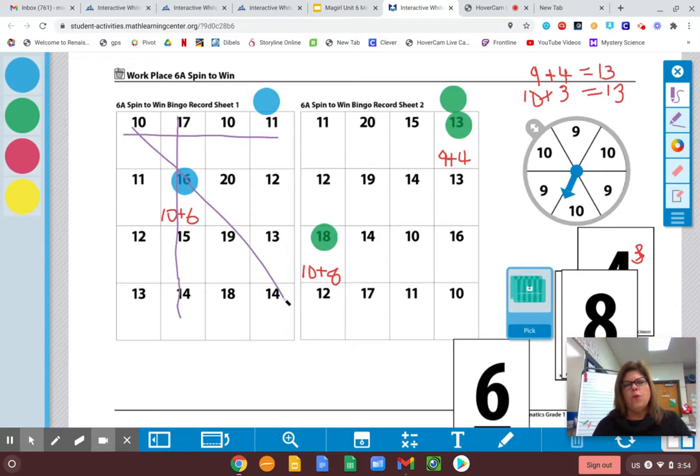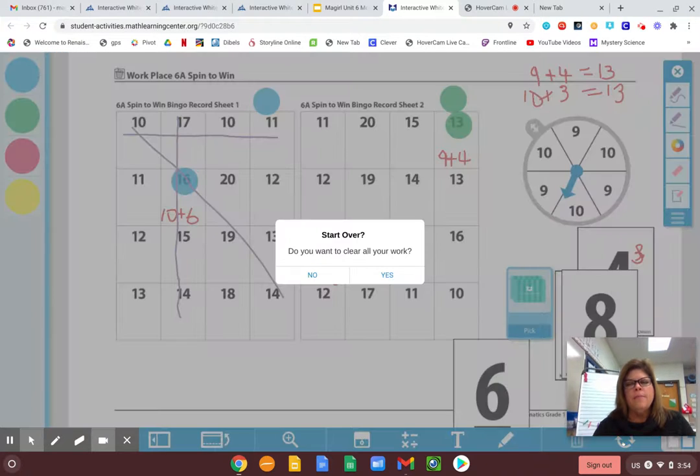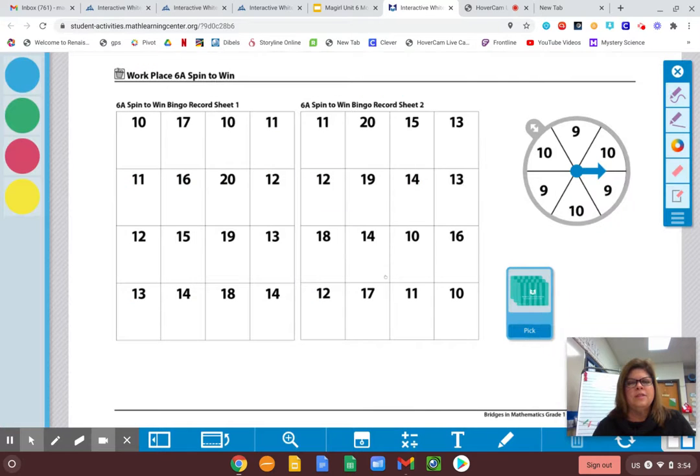Whoever gets the 4 in a row first is the winner of the game, okay? And then when you're all done, you can erase your board by going to the arrows that are kind of going in a circle at the bottom. And it'll say, do you want to clear your work and start over? Yes, you do. And then you get to play it again.